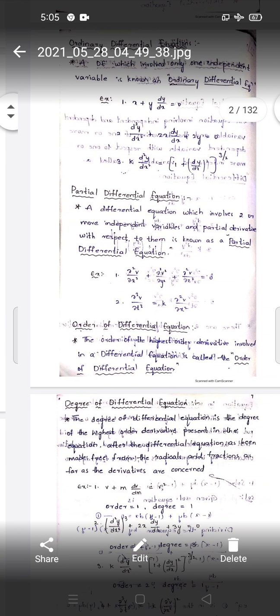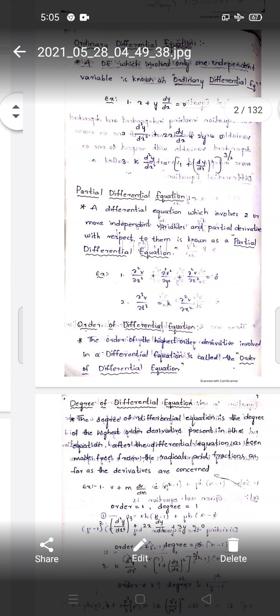A differential equation which involves two or more independent variables and partial derivatives with respect to them is known as a partial differential equation.